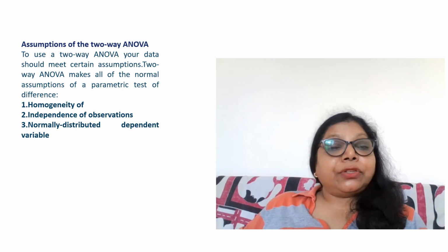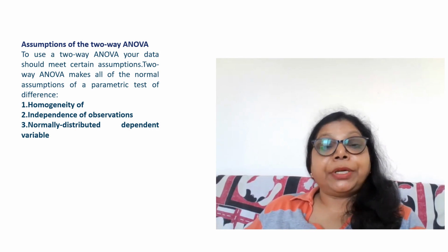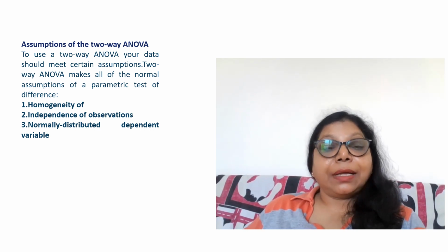Looking to the independence of observation, our independent variables should not be dependent on one another. That is, one should not cause the other. So this is impossible to test with categorical variable. So it can be ensured by good experimental design. So our independent variables should represent unique observations.